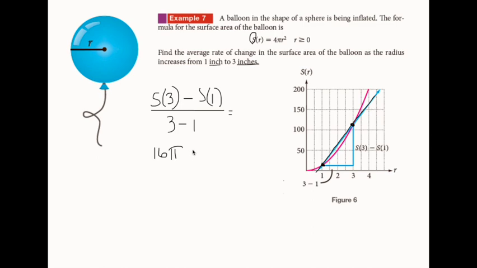So the top quantity that's changing, our change of y, is going to be inches squared. My change in the radius is going to be in inches. The radius is just a distance from one point to another, so that's 1-dimensional, and I'm only going to have inches to the first power. So that's going to go down here.